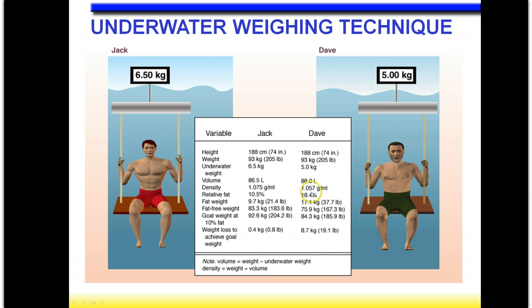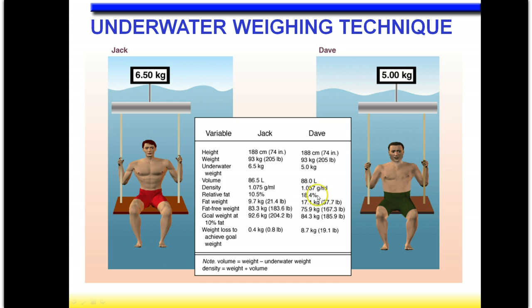He is 1.057 grams per milliliter, and Jack is 1.075 grams per milliliter. And that might not sound like a big difference, but it's enough to where Jack has 10.5% fat and Dave has 18% fat, right? So if we look at the fat weight of the two men, Jack has 21.4 pounds of fat, Dave has 37.7 pounds of fat, right?